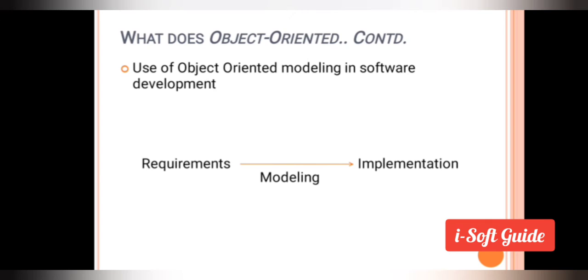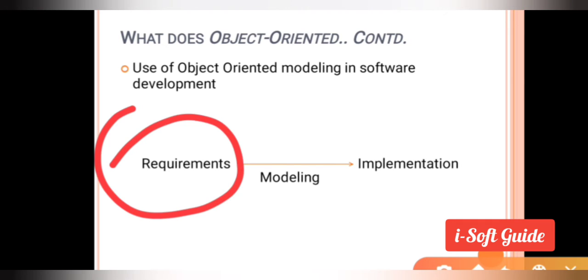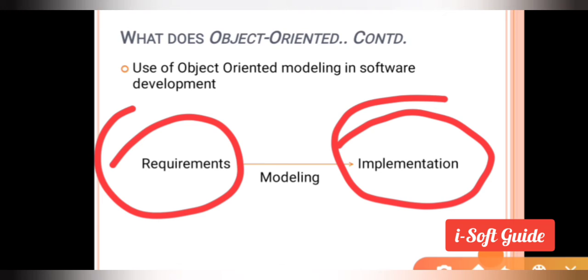Again, the use of object oriented modeling in software development comes when we are collecting the requirements. For example, if we are developing software for any company, the first and foremost thing we have to focus on is the requirements. Those requirements are then used for implementation, that is, to develop the software.